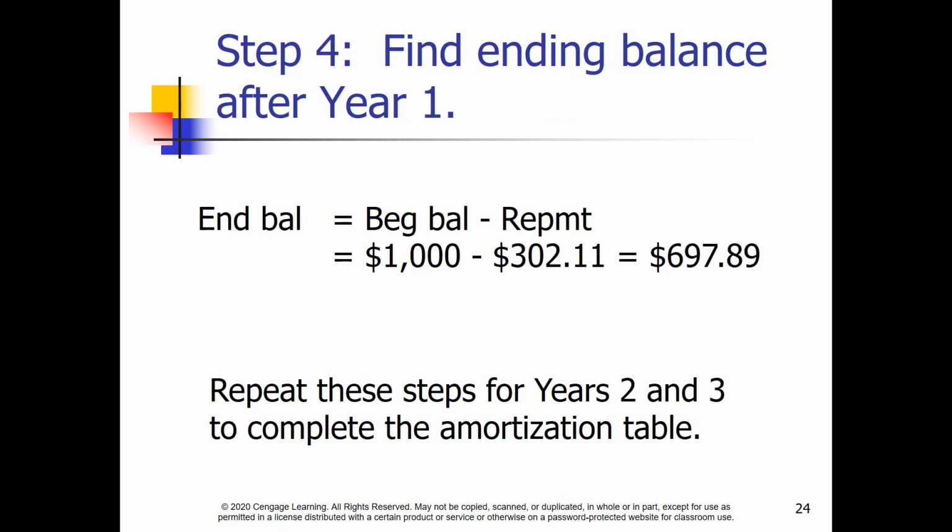Step 4 completes our first year calculations with a year-end balance outstanding of $1,000 minus $302.11, or $697.89. Using this as the beginning balance for year 2, we repeat the steps for years 2 and 3. Done correctly, the ending balance for year 3 will be 0.